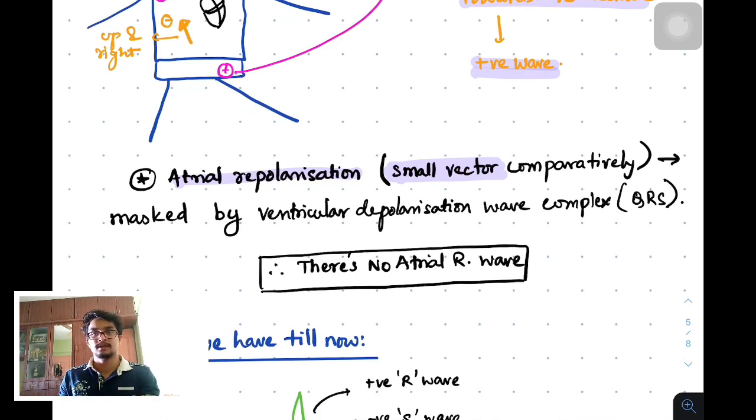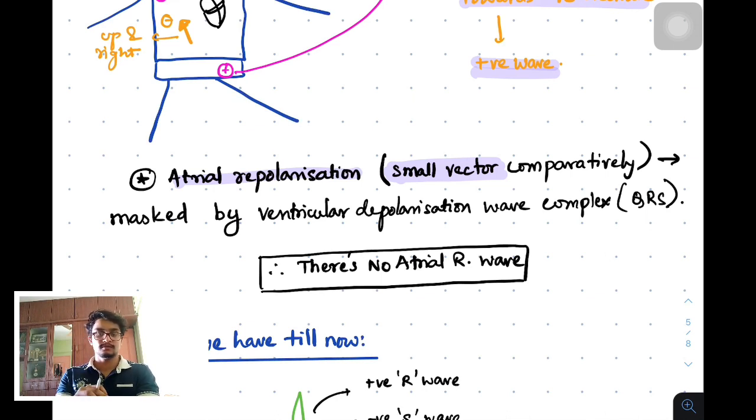But the ventricular depolarization wave is a very big and massive vector, so it will mask the activity of atrial repolarization. ECG machines have very little sensitivity, because these waves are transmitted from the heart via the body fluids to the body surface, and that is picked up by the ECG machine. If you connect the electrode directly to the heart, you may be able to record even the atrial repolarization phase, but that is not feasible.